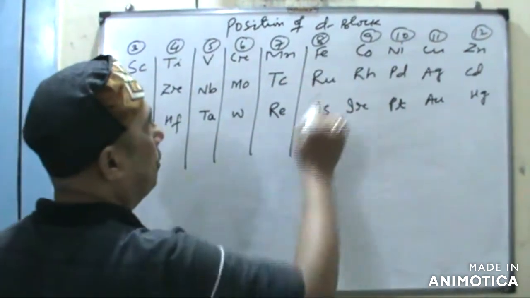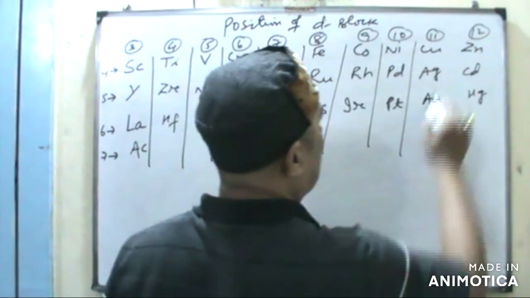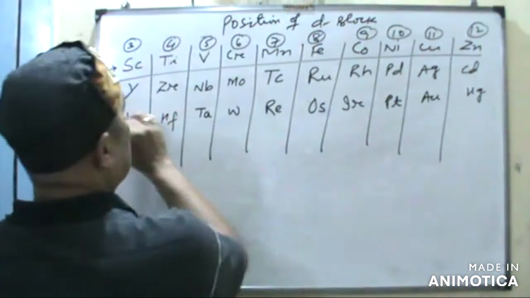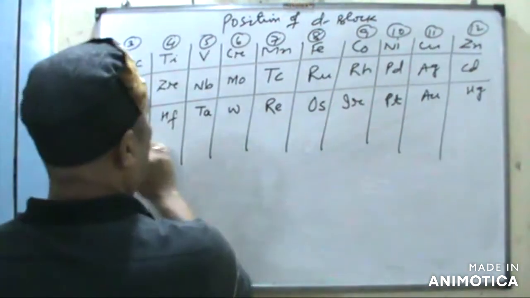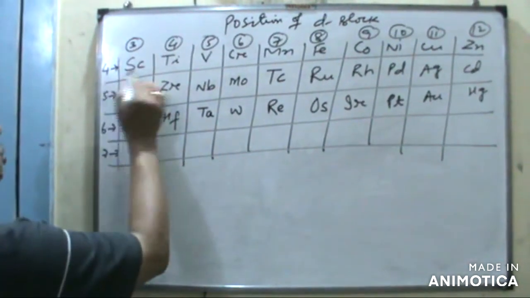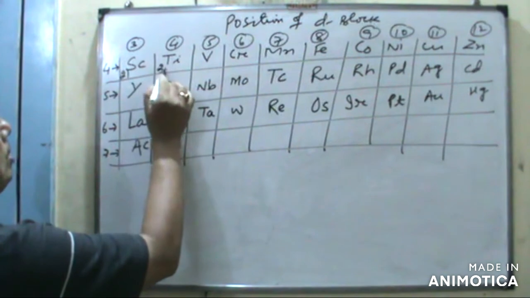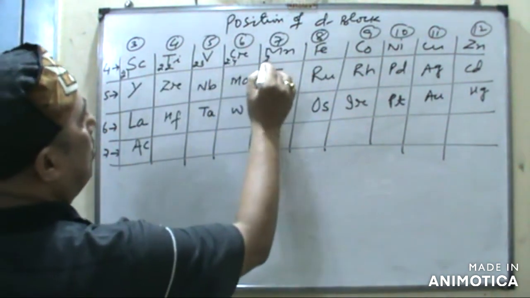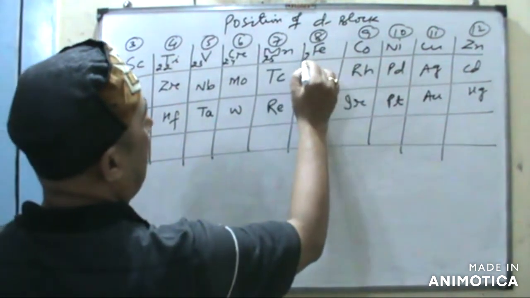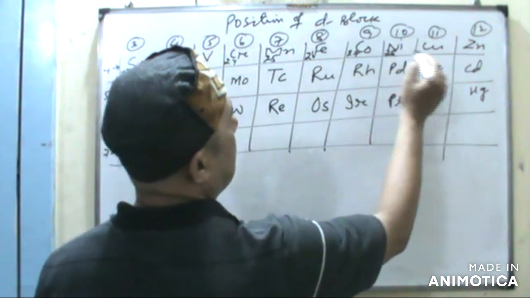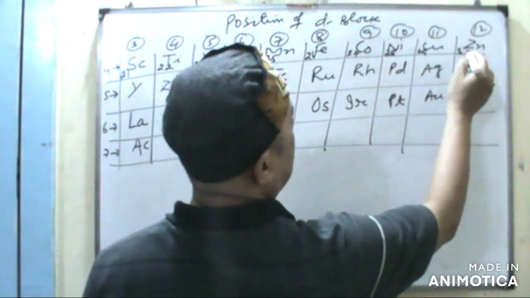These are very useful to write the electronic configurations. Dear students, these are the positions of transition elements. In the fourth period: 21, 22, 23, 24, manganese 25, iron 26, cobalt 27, 28, 29 and 30.